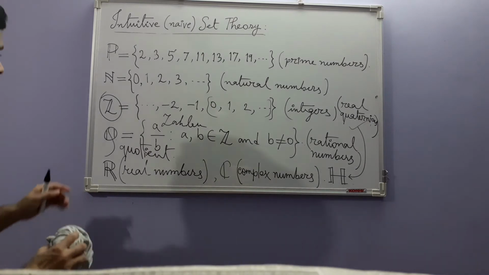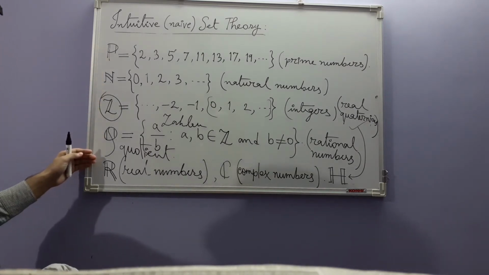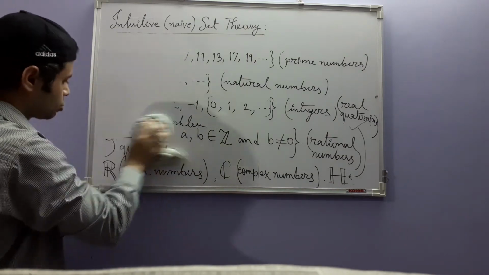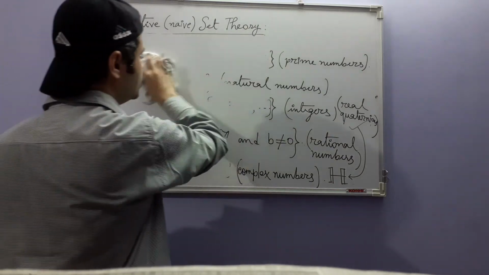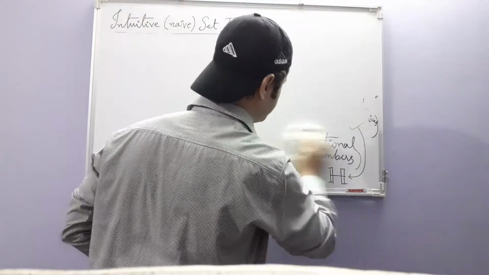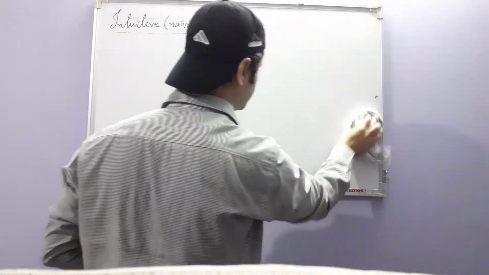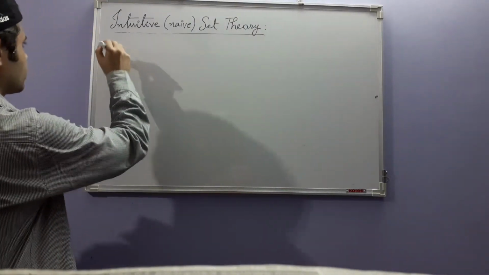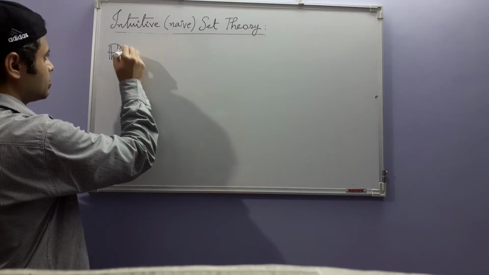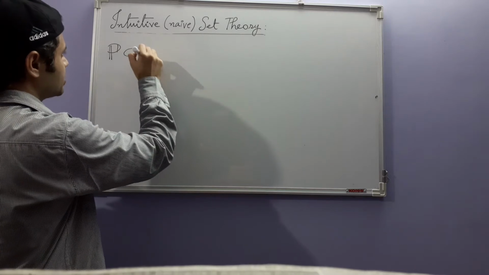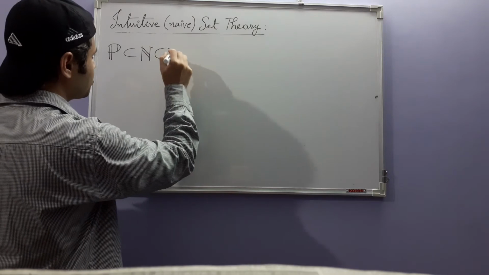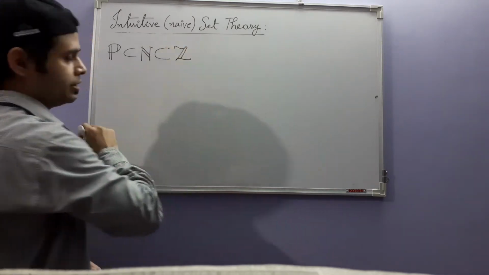Now, the relationship between these sets, as we have already shown, is this. The set of all prime numbers is a proper subset of the set of all natural numbers, which in turn is a proper subset of the set of all integers.